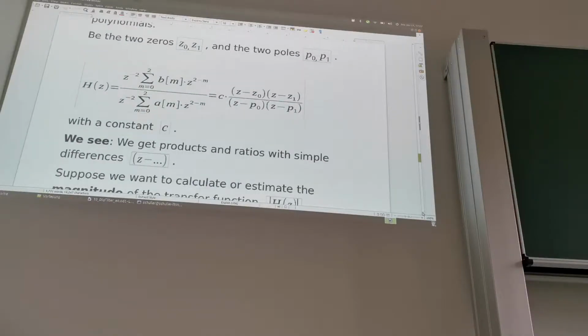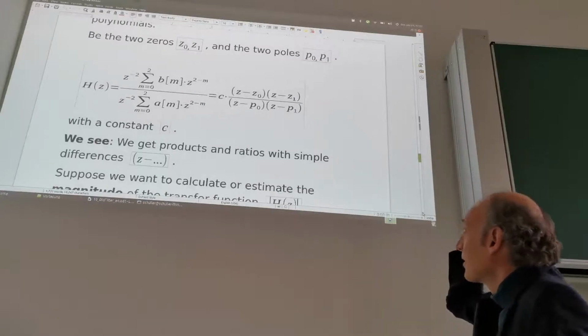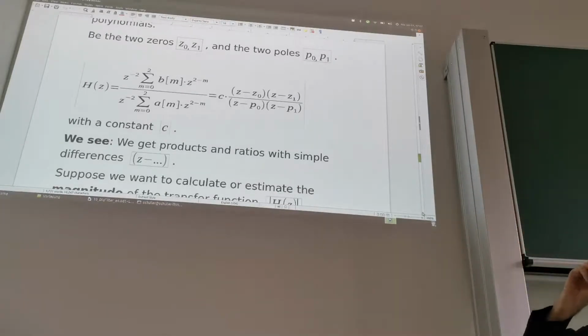And some constant c. The constant doesn't really matter because we can always correct for it by a fixed constant. So we see we get products and ratios with simple differences. So we have z minus something. Right?